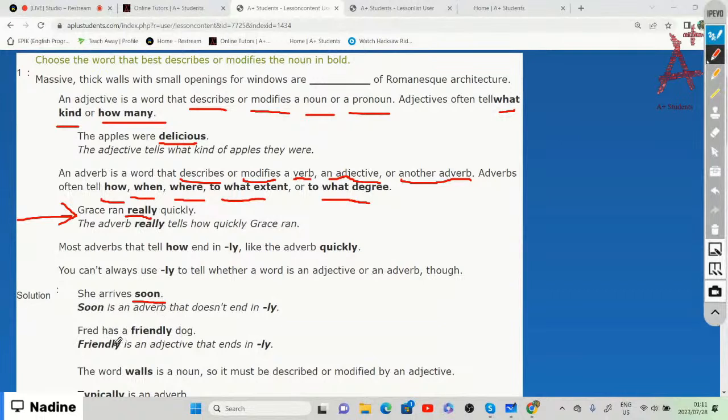What kind of dog does Fred have? He has a friendly dog. It ends in ly, and that is not an adverb, but an adjective. So some adjectives also end in ly, whereas most adverbs that tell us how end in ly.